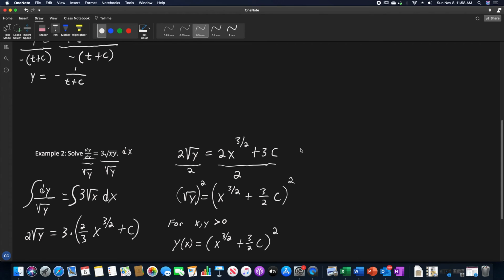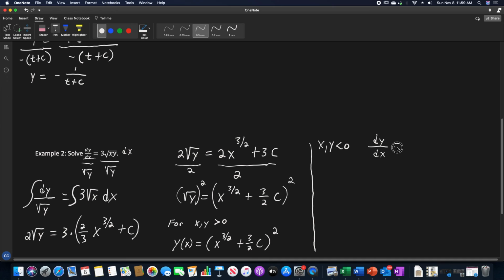Now, if we were to go through the route of taking negative values, so x and y being less than 0, that does change our differential equation slightly to the derivative of y with respect to x is equal to 3 times the square root of negative x times negative y.